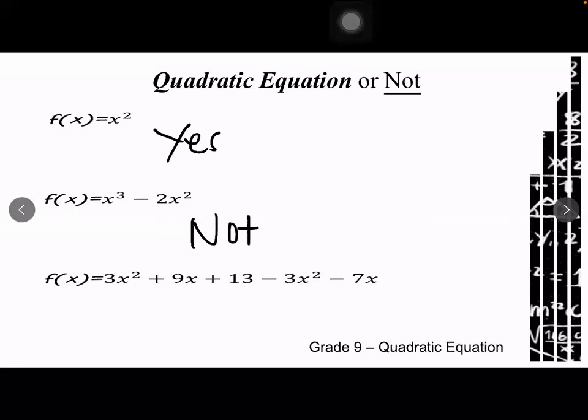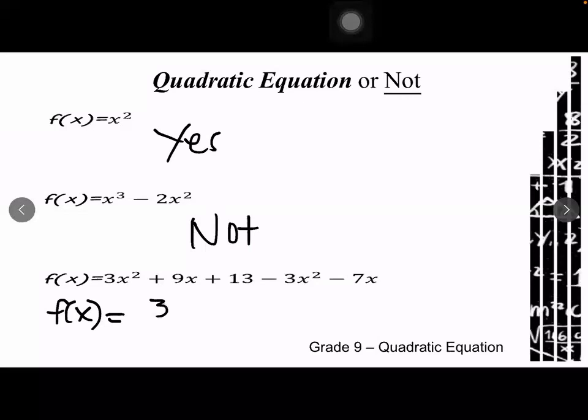The third one, we have f of x is equivalent to 3x squared plus 9x plus 13 minus 3x squared minus 7x. We would just check if after simplifying, our entire expression is a quadratic or not. So simplify muna natin, then after that, evaluate natin if it is quadratic or not. Pagsamahin lang po natin yung mga like terms.